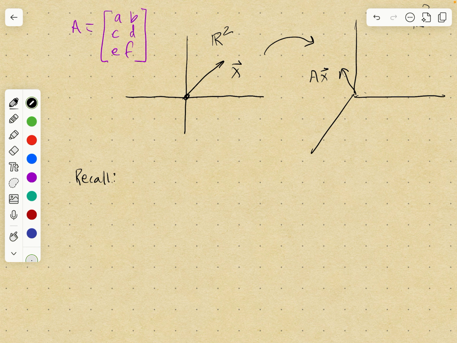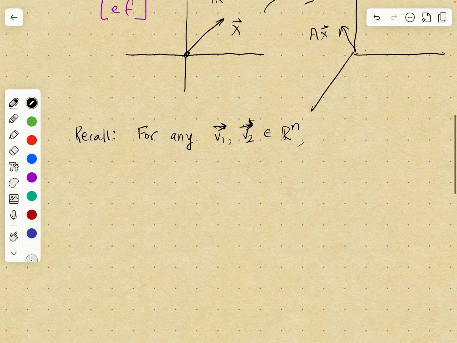So recall that it's one of the properties of matrix vector multiplication that whenever you take 2 inputs, so for any vectors v1 and v2 in Rn, if I add them, I get v1 plus v2. And if you take your matrix A and you multiply by v1 plus v2, what are you going to get? You're going to get A times v1 plus A times v2.